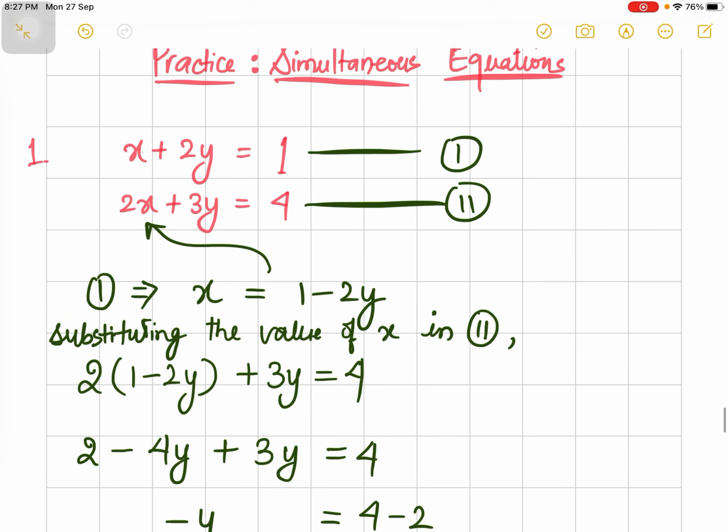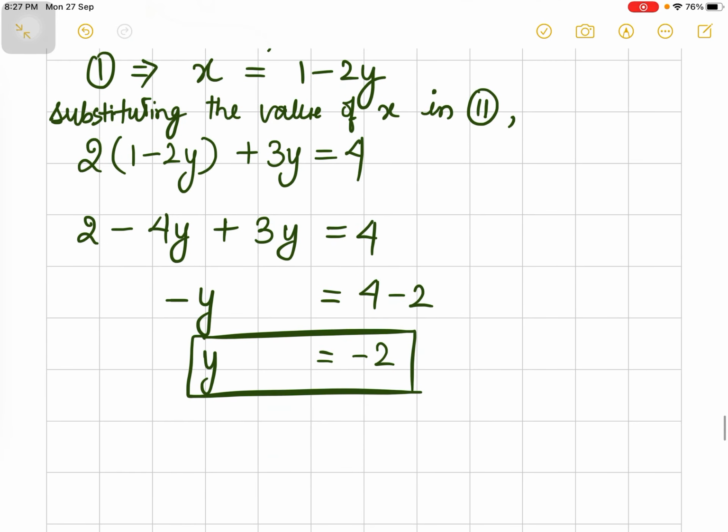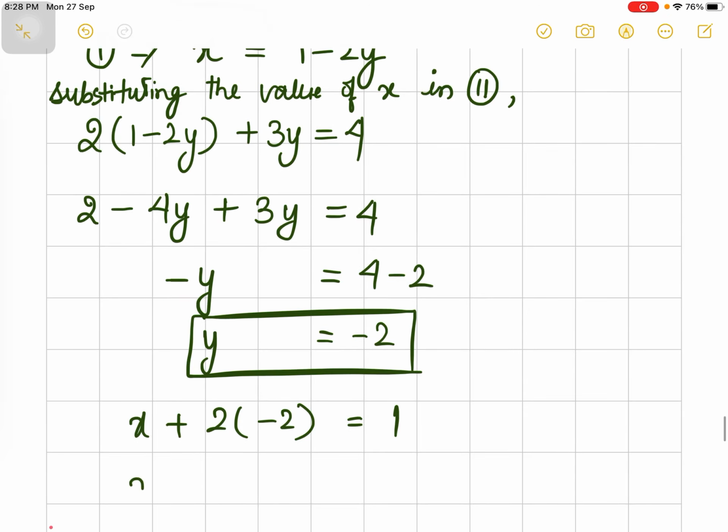You can put it in the first equation and find out the value of x. The first equation was x plus 2y equal to 1. So x minus 4 equal to 1.